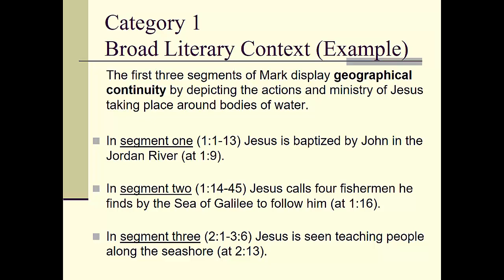What kind of material is this? It's geographical observation. Geographical, and it's continuity. That is to say, the same feature of geography, water, is showing up in these various observations. It's not the same body of water. Sometimes it's a river, sometimes it's a lake, but Jesus is associated with bodies of water. Simple as that.